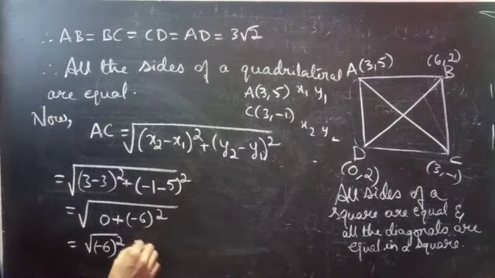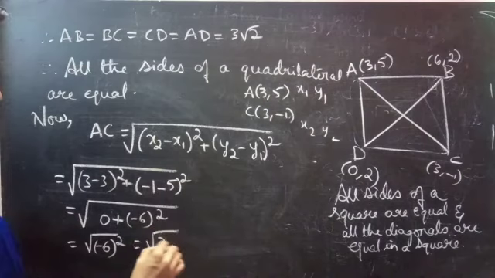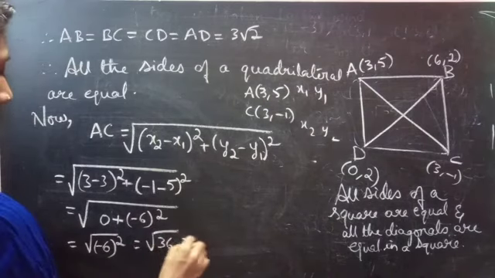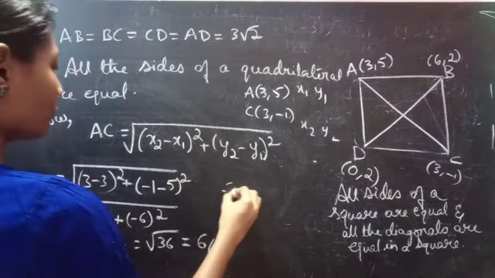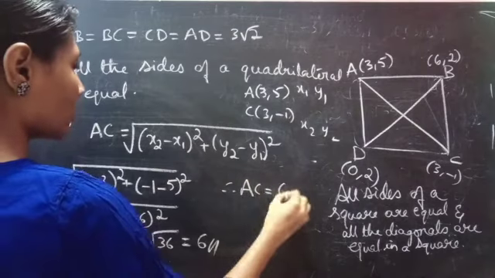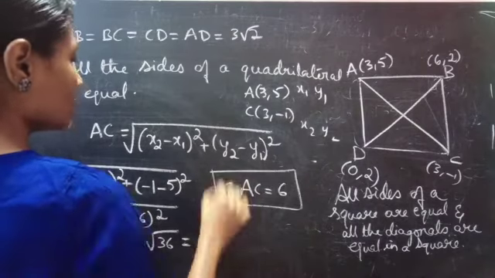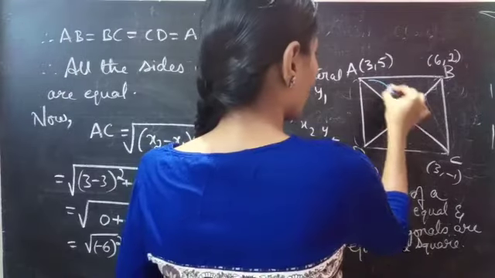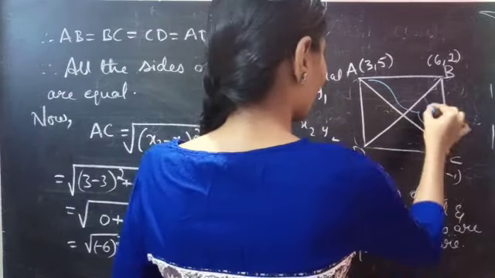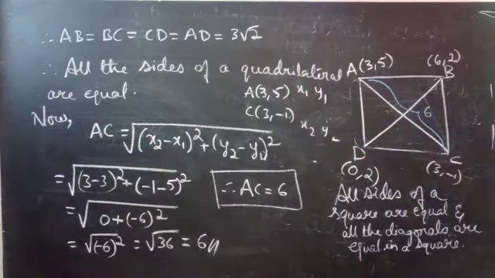Minus 6 whole square is 36, and the square root of 36 is 6. So therefore AC equals 6.